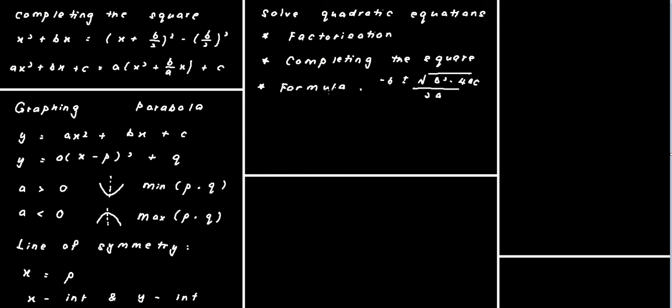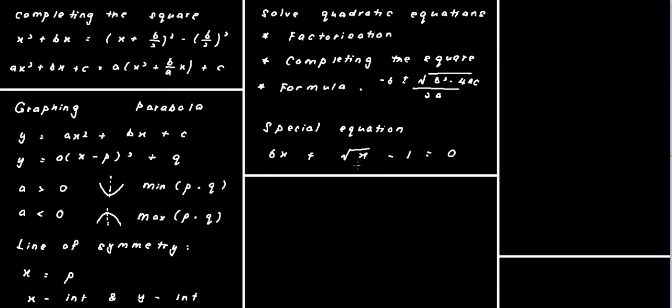Under this topic, you also learned how to solve some special equations. For example, let's say you have an equation like 6x plus square root of x minus 1 equals 0.